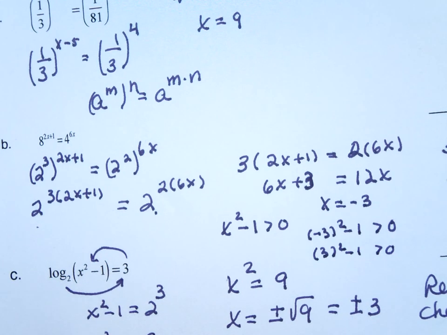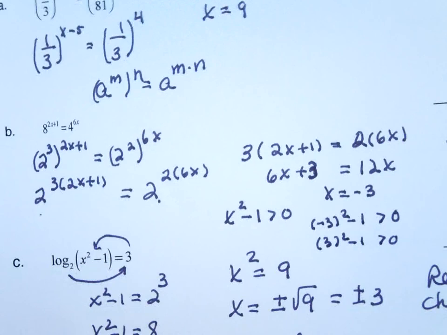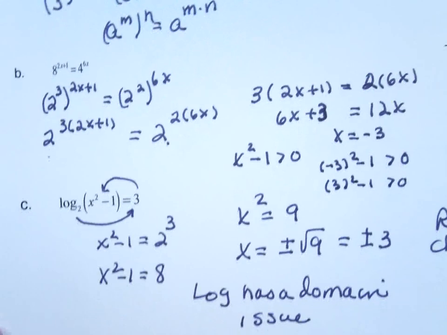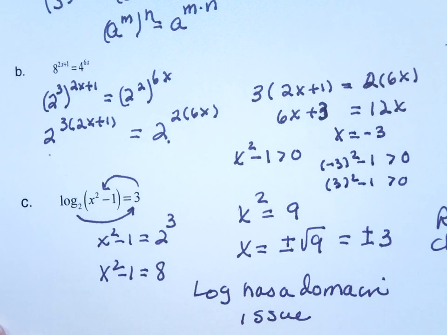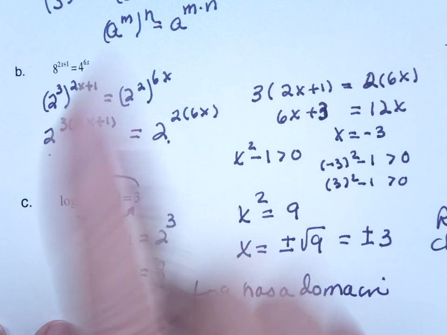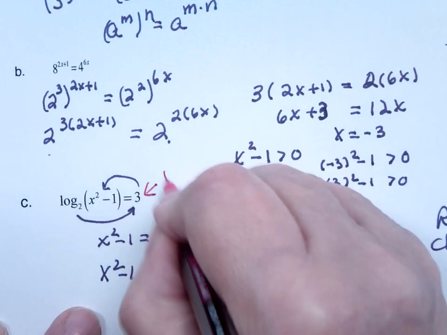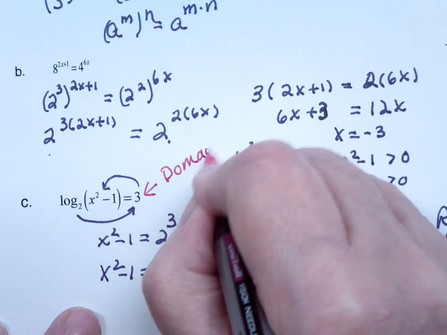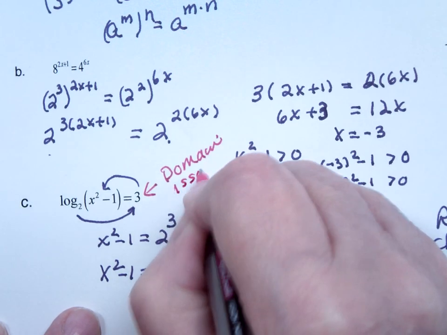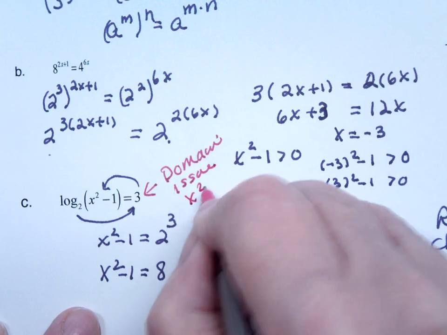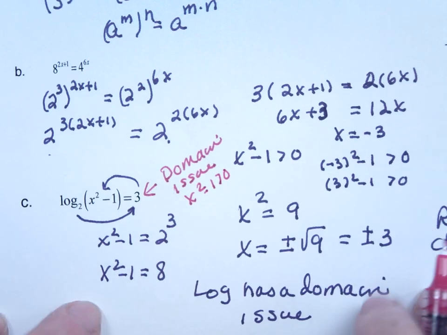Here's what happens, and this happens all the time in mathematics, is that this guy has a domain issue. Because x squared minus 1 has to be positive. So day 1, right?